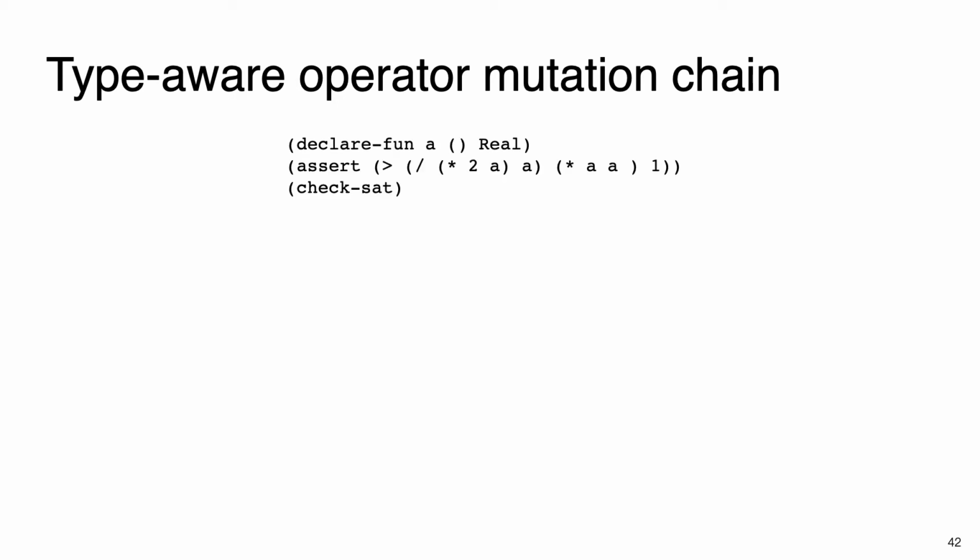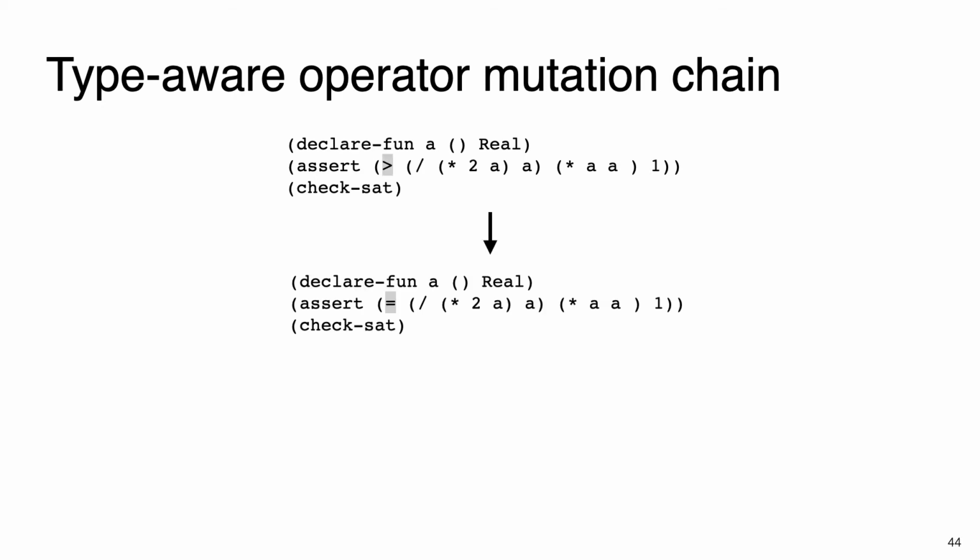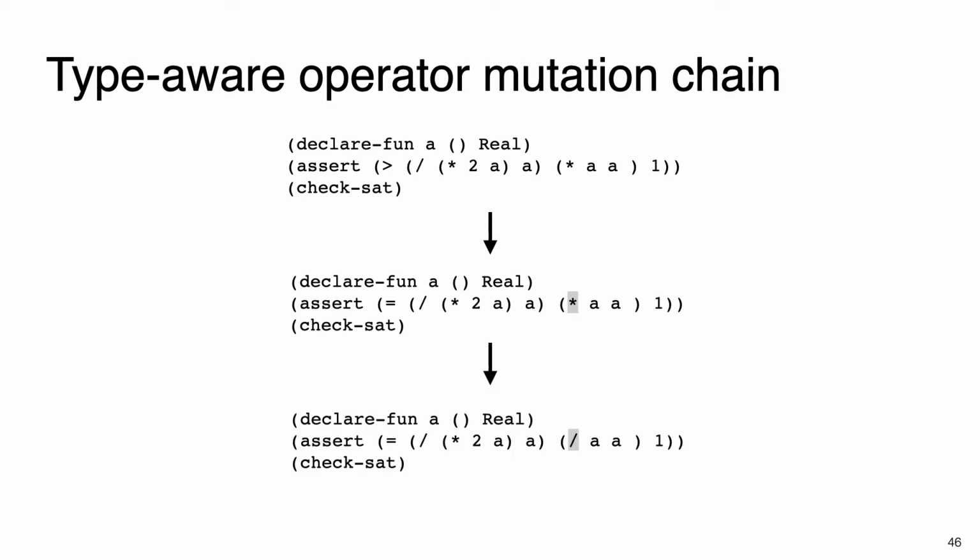We could also chain type-aware operator mutations. For example, given a seed formula, we first select one operator and generate a type-aware operator mutant. Based on this mutant, we could further randomly select another operator to generate the next generation of type-aware operator mutant.